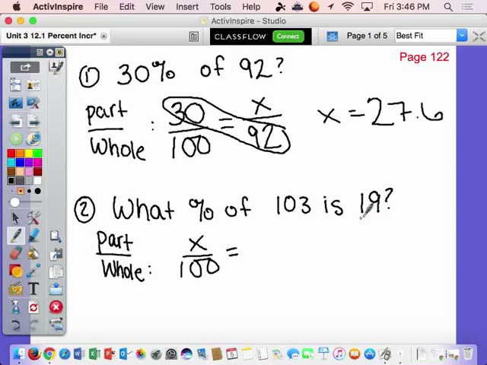Equals, is 19 our part or is 103 our part? What makes the most sense? The smaller number, 19, to be on top, 103 to be on bottom. So now do our butterfly method.